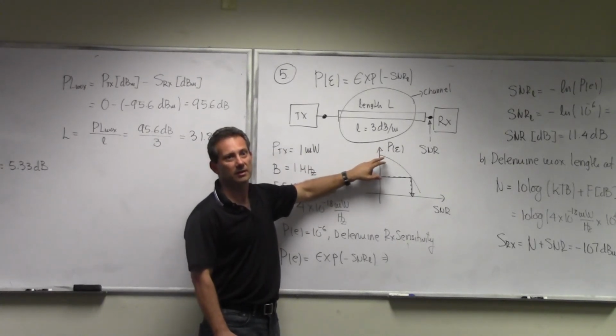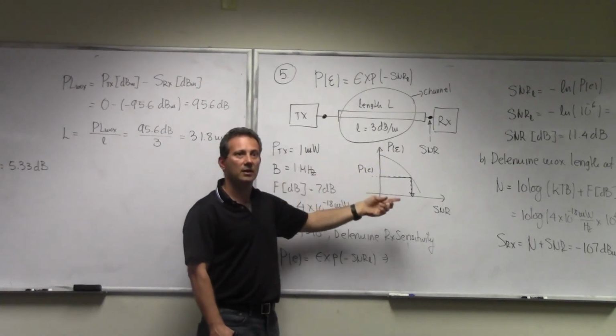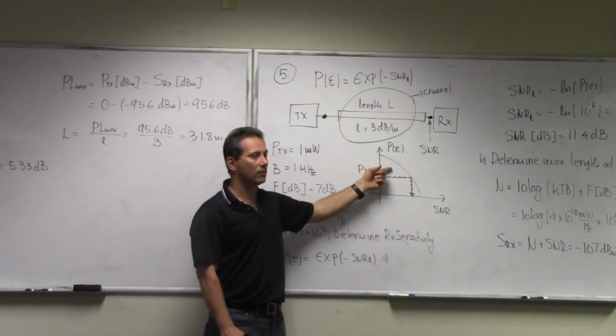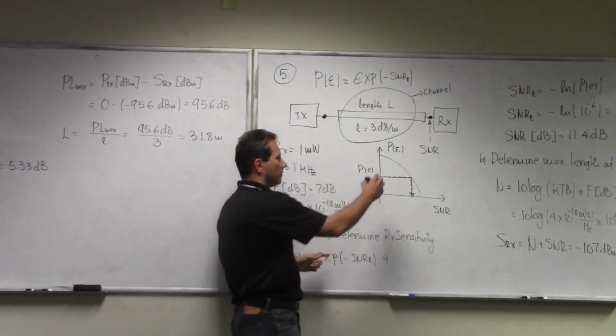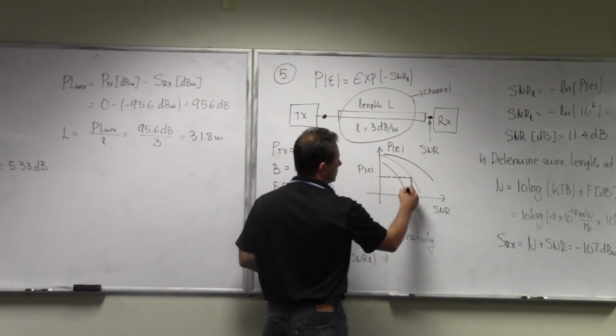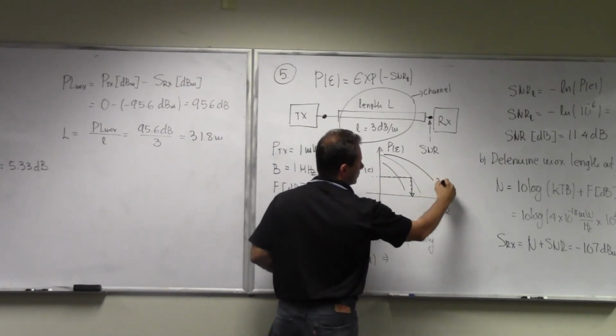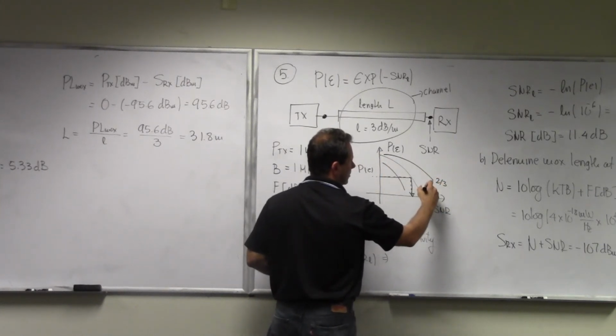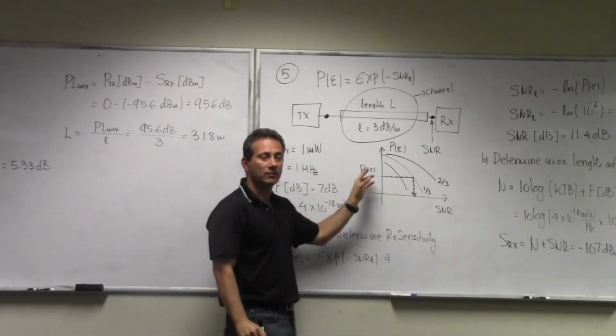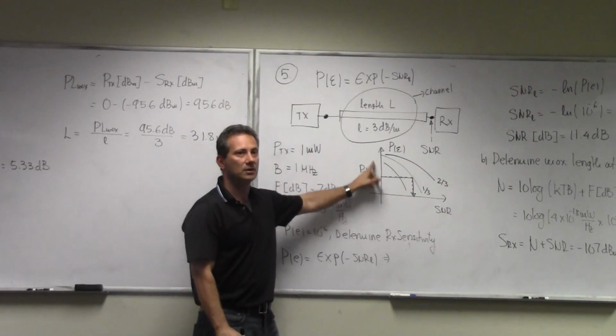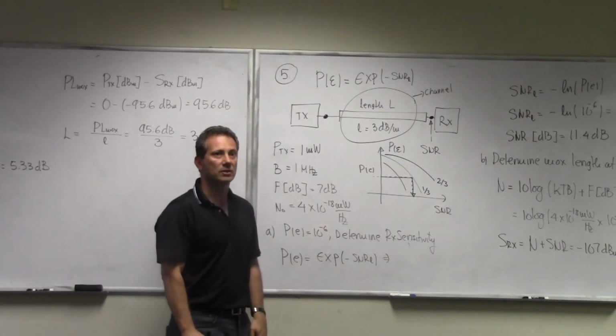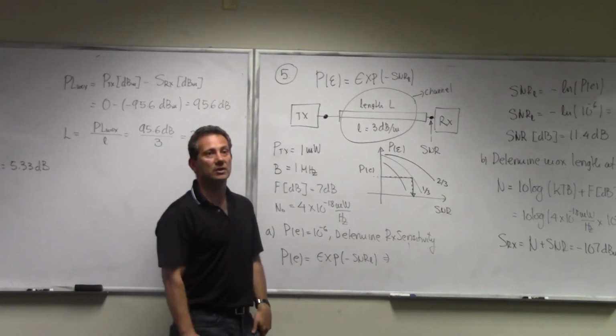Sometimes we simulate with the coding, and you get a family of curves. It tells you this is the performance with 2/3 convolution encoding, this is the performance with 1/3, and so on. You get different coding levels, and then you can read off your signal-to-noise ratio requirement based on a particular coding scheme.